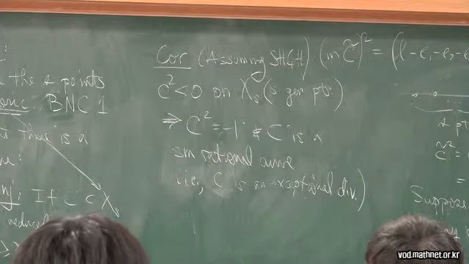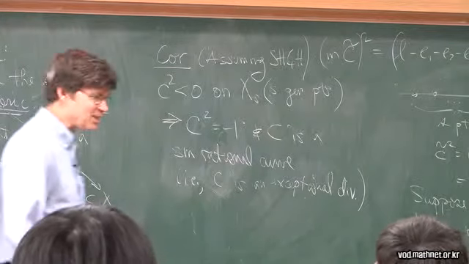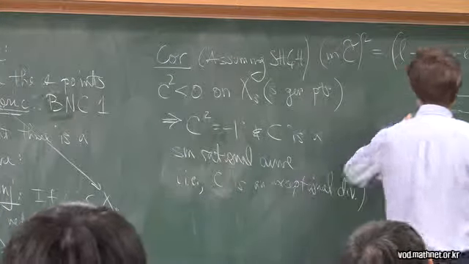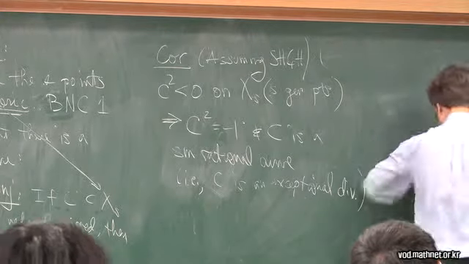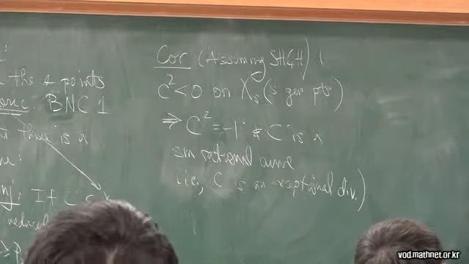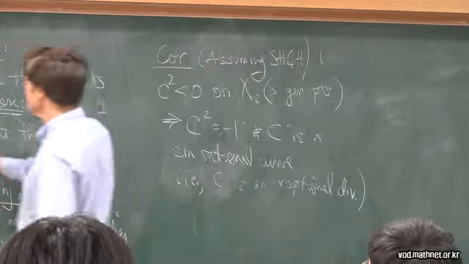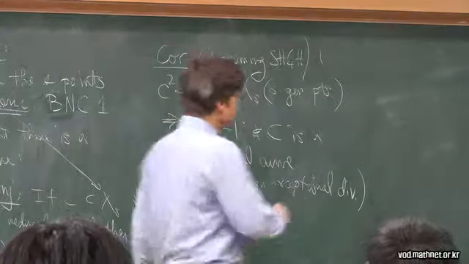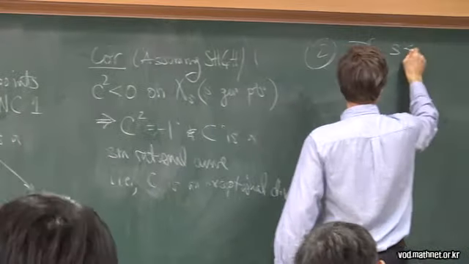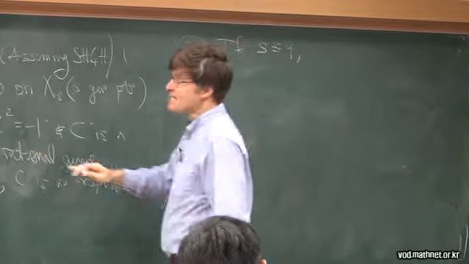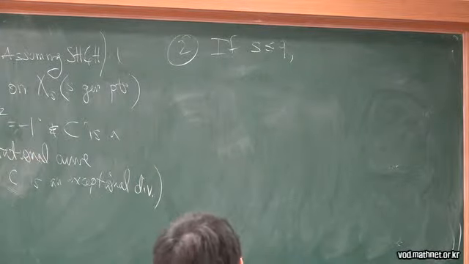So is there some known result for very small S? Yes, and that's my next example. So this was example 1. Example 2: if S is less than or equal to 9, the bounded negativity conjecture is true.